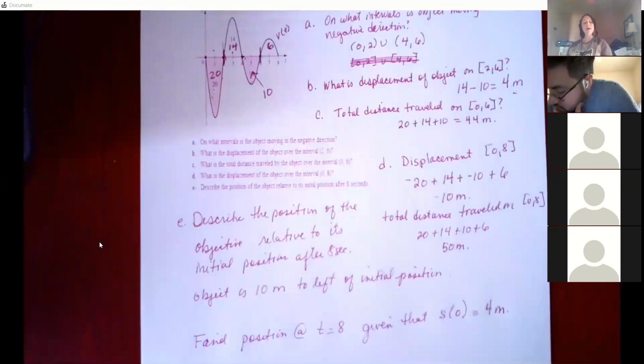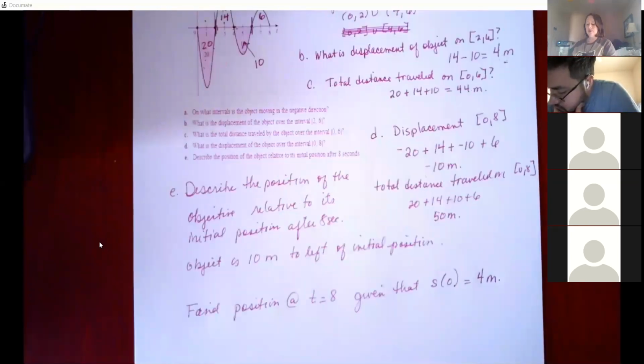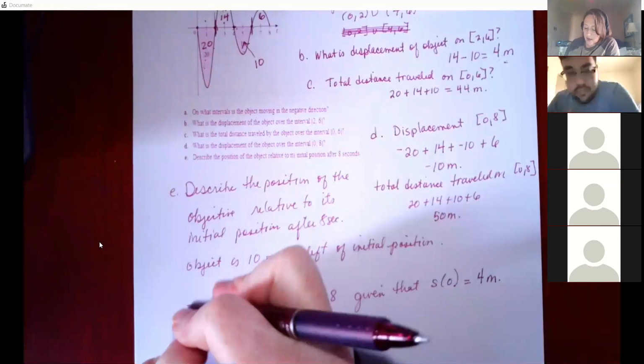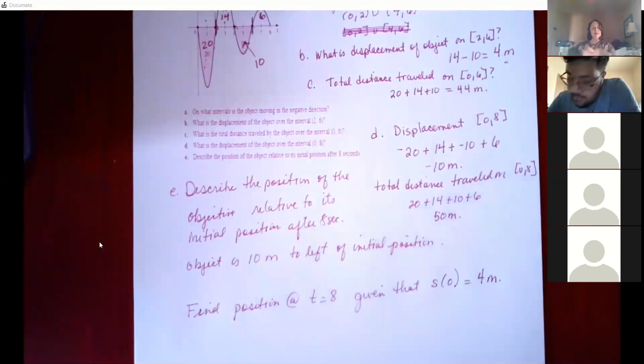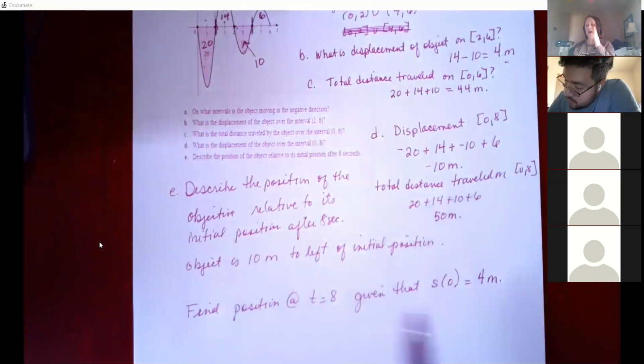So we started at 4 meters, and I want you to find the position of the object at t equals 8. So in other words, after 8 seconds, where am I? Well, I started at 4, and during those first 8 seconds, I went 10 meters to the left of 4. So where would I be?